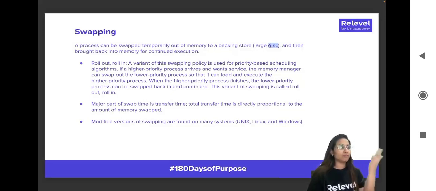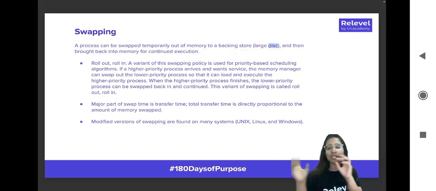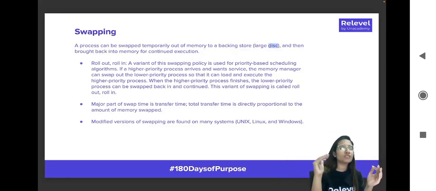So you take a program, put it into primary memory, and start executing it, or maybe the priority of the process was very low, so you have to bring it back to the backing store. This phenomenon, where you are swapping a process out of memory, is known as swapping.